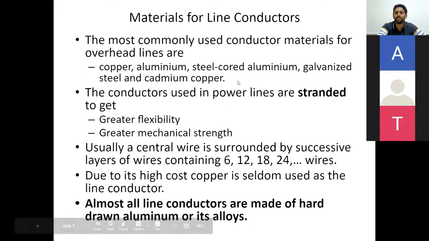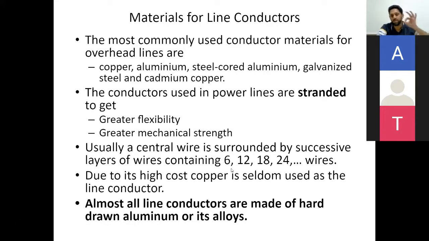So normally, after considering all these parameters, almost all line conductors are made of aluminum or its alloys. These are the two materials used. And when you make these aluminum conductors, they are not made as one thick conductor.